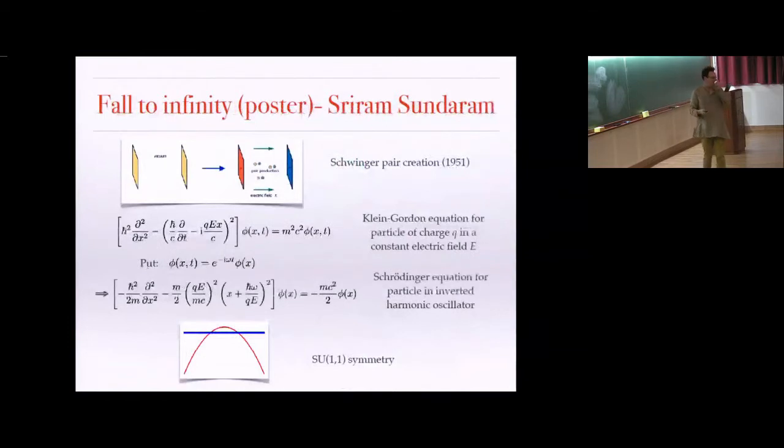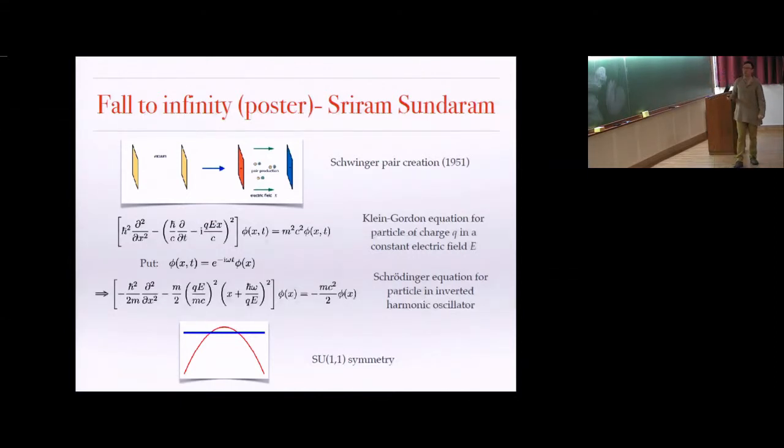Okay, that was fall to the center. Fall to infinity, I'm not going to discuss it. It's on a poster, but just to advertise very briefly, the idea is you have the Schwinger effect, Schwinger pair creation, where you put an electric field on vacuum, and once you make the electric field strong enough, the vacuum is unstable to producing positron-electron pairs, and you start separating charge.